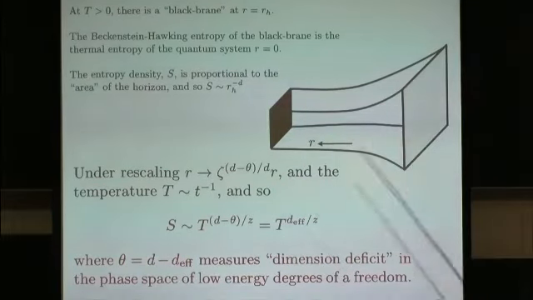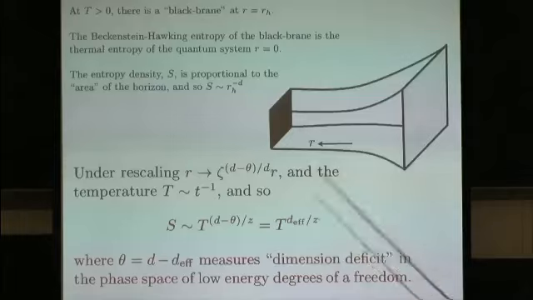Remember yesterday I talked about the Stefan-Boltzmann law, or the hyperscaling prediction, that the entropy should be T to the d over z, where d is the number of spatial dimensions and z is the dynamic critical exponent. That's a very general statement for theories that obey hyperscaling, one of which is free photons, which has d equals 3 and z equals 1. But you expect that for any sort of critical theory.